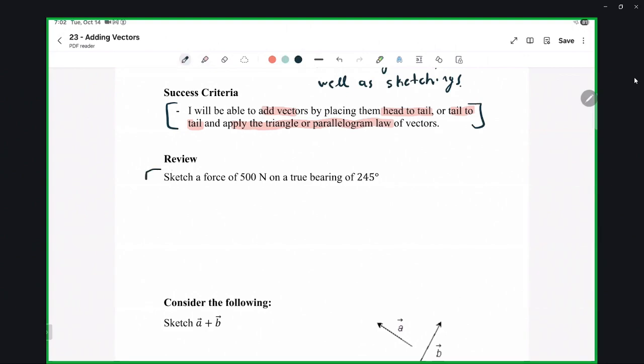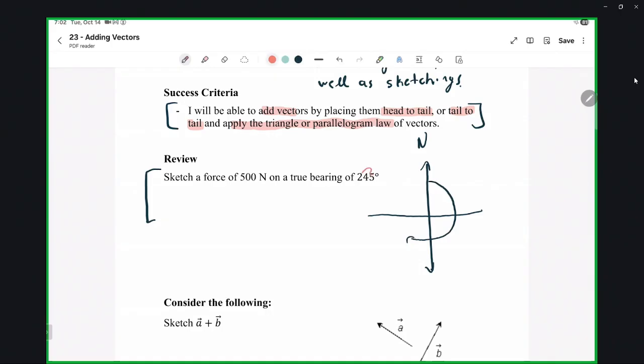As a point of review, we're going to sketch a force of 500 newtons on a true bearing of 245. Recall, a true bearing meant that when we draw a Cartesian plane, we label north, and we go around in a clockwise direction.